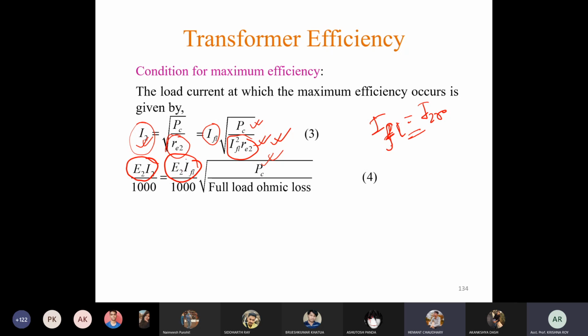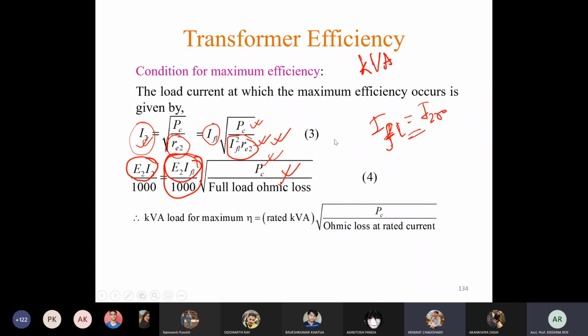The product of these two divided by 1000 gives the rated kVA. The ratio of core loss to copper loss at full load current remains the same. So we can express this as: kVA load for maximum efficiency is equal to rated kVA times root over PC by PCU at rated current.